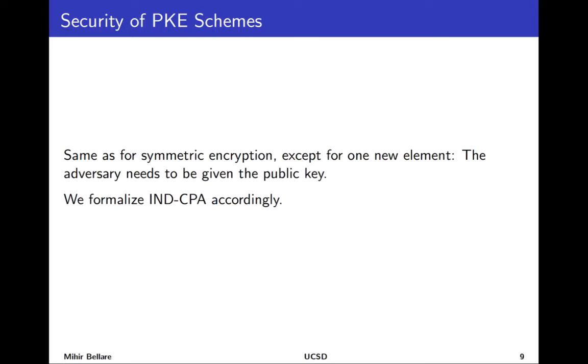It turns out that encryption security is not a priori a simple thing. It takes work to come up with a good definition and to understand what privacy really means and what the requirements should be. But luckily for us, we've already done that work in the symmetric setting, where we defined IND-CPA. And we're just going to adopt the analogous extension of that to the asymmetric setting.